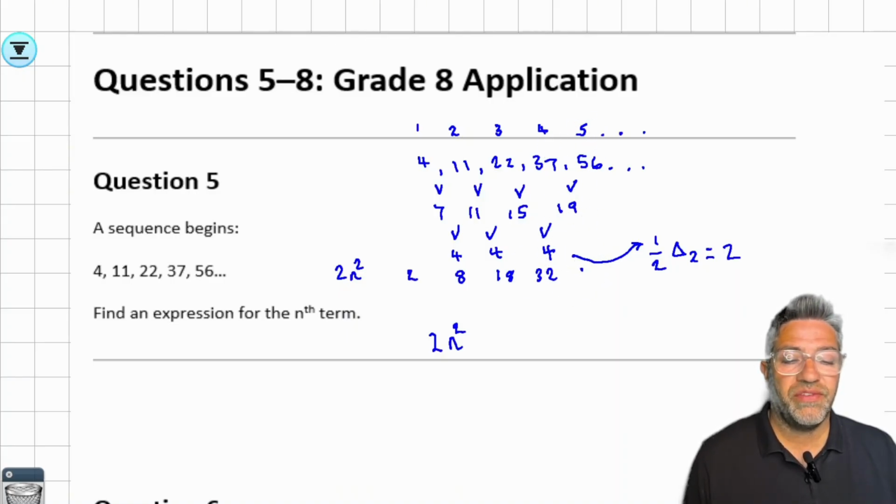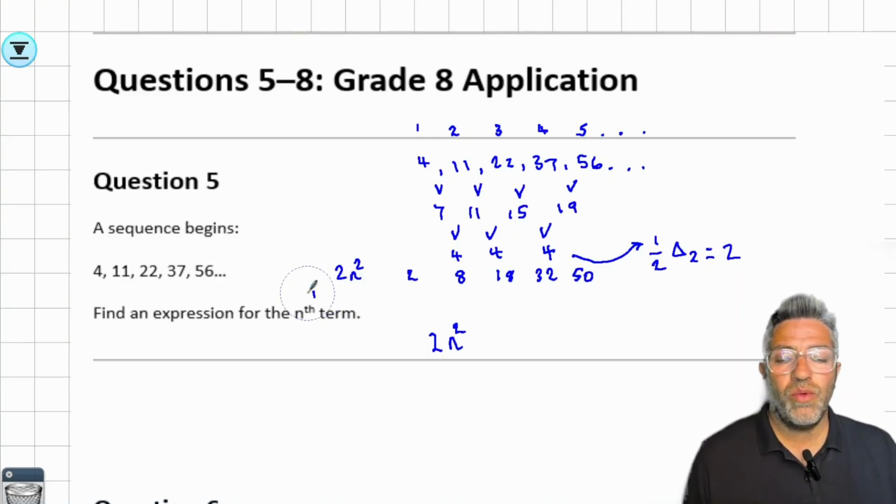Times 2 is 50. I was just getting ahead of myself. So what is it that we have left over? Already 2n squared is generating 2, 8, 18, 32, 50. But we need 4, 11, 22, 37, 56, and so on.